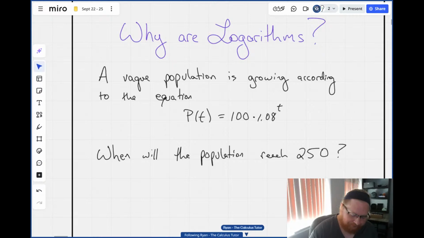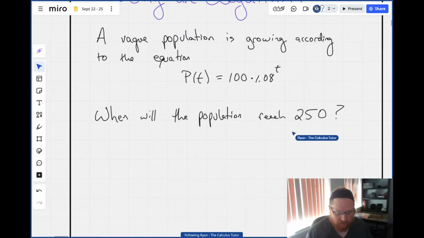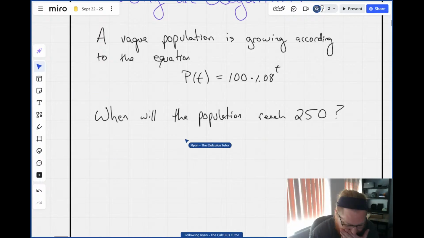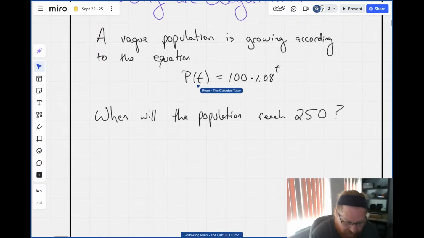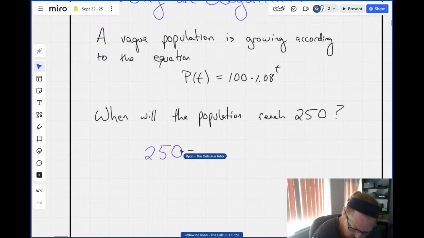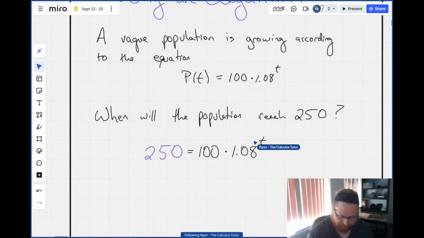Okay, so we're asking for time. So easiest way to do this, this is asking when the function, the P part, will equal 250. So we can do 250 is equal to 100 times 1.08 to the t. All right, so we want to solve for t.